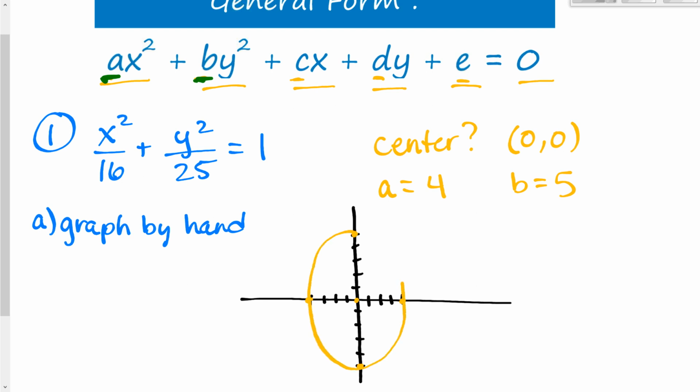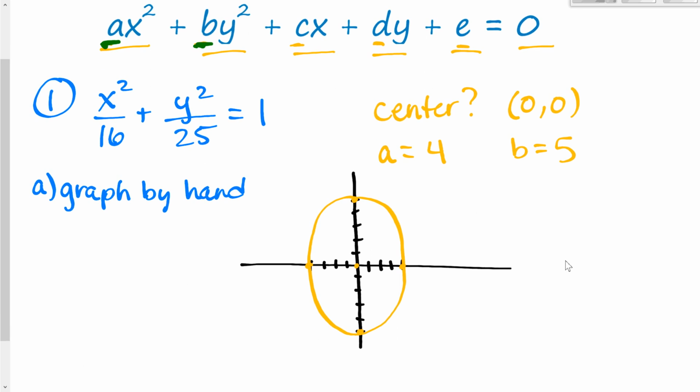Let's see if that can look like a halfway decent ellipse. It's halfway decent, maybe even 5/8 of the way decent. I'm impressed. And typically, if we were studying this idea completely, we would label all these points and label the center. We would find the foci, and we would have names for things like major axis and minor axis and vertices and so on, and we're just not going to go there right now. I hope that's okay. But we are going to go to part B.